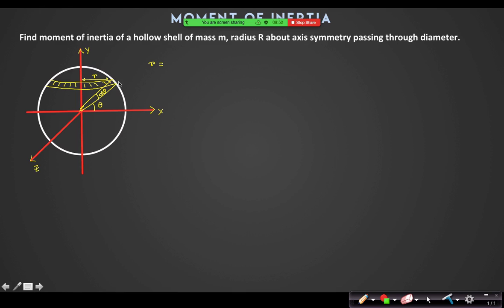From this diagram, can you tell me what is the radius of that ring? If this radius is r, then radius of that ring, isn't it r cos theta? So radius of the ring is r cos theta.